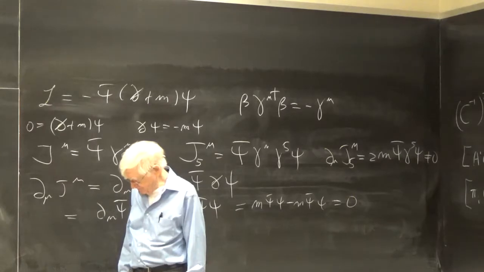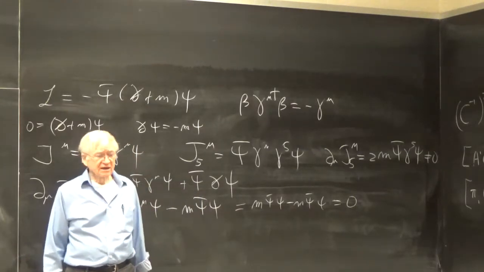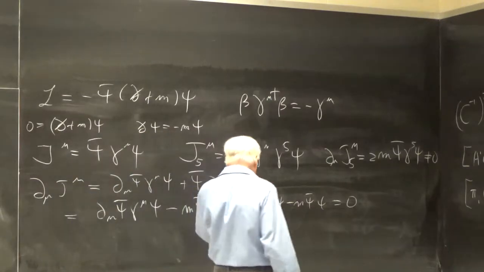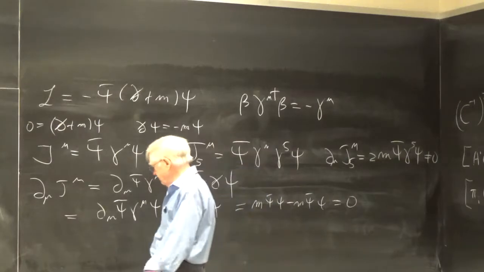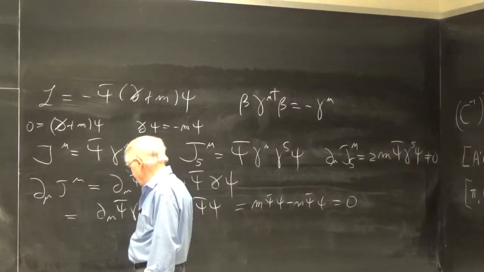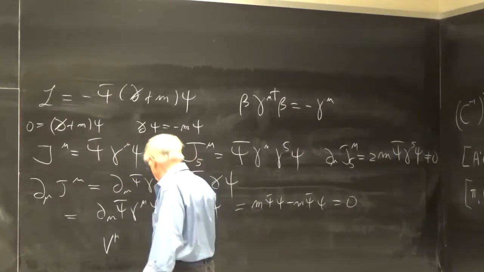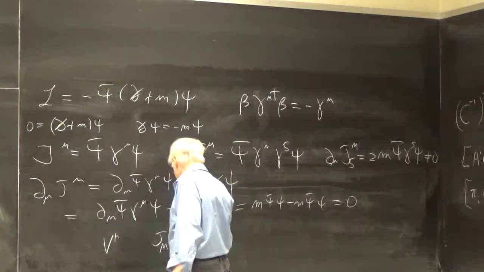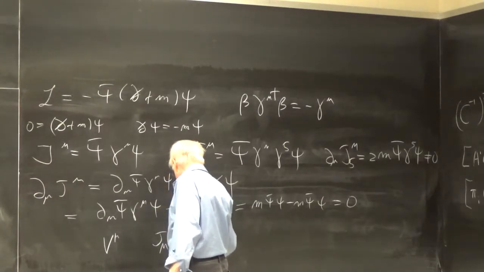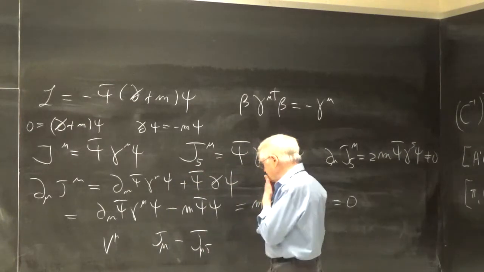The weak interactions, right? In fact, the way one used to think about the weak interactions before Glashow, Weinberg, and Salam was that it was a vector current minus an axial vector current.